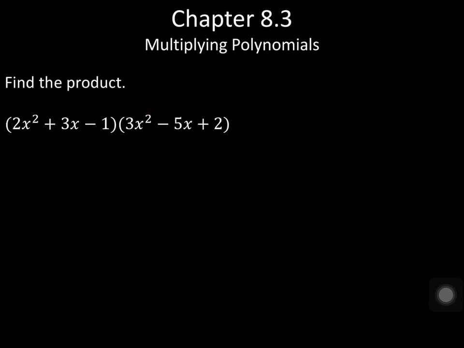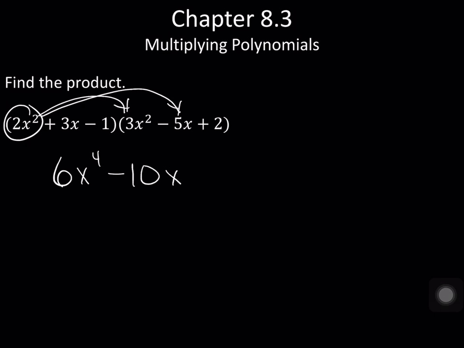So pause the video, or maybe it's going to stop on its own, and see what you can do with it. I'm going to do it stacked method again. I'm going to skip that intermediate step where I'm rewriting the problem, and let's see what happens here. So the 2x squared is going to get distributed. So we're going to end up with 6x to the 4th minus 10x cubed plus 4x squared.